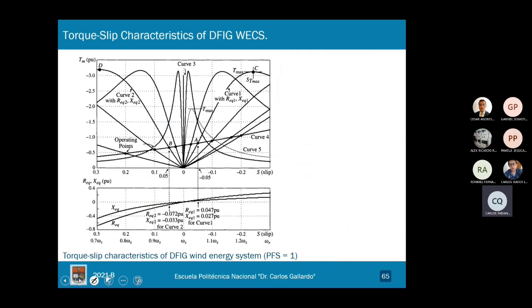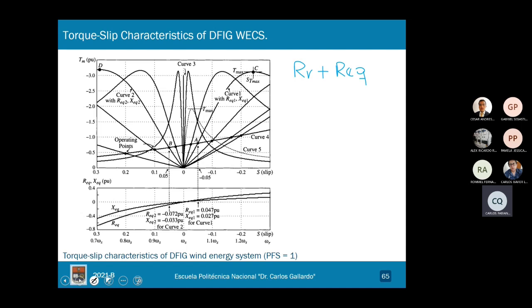Okay, so in order to find the torque slip characteristic of the doubly fed induction generator, we need to add the total rotor circuit resistance. So this is the rotor resistance, and I need to sum the equivalent resistance. That is the way to find the torque slip characteristic.